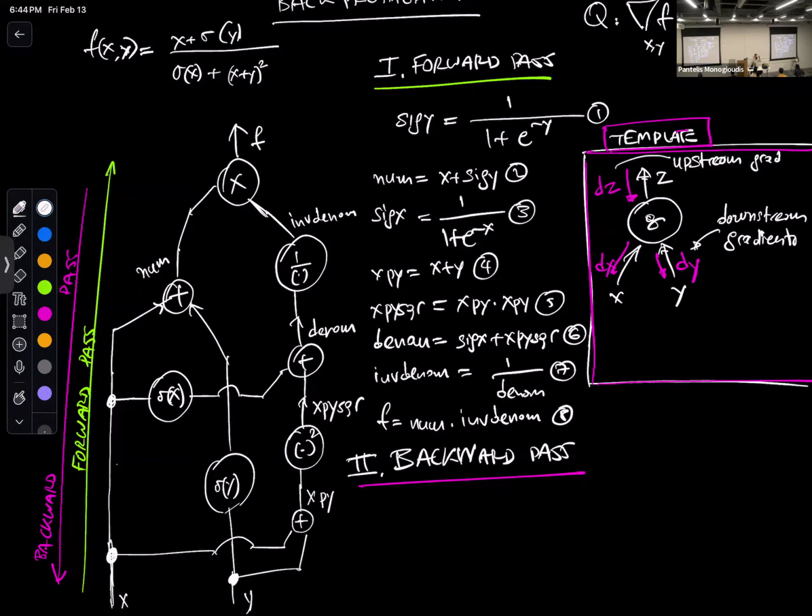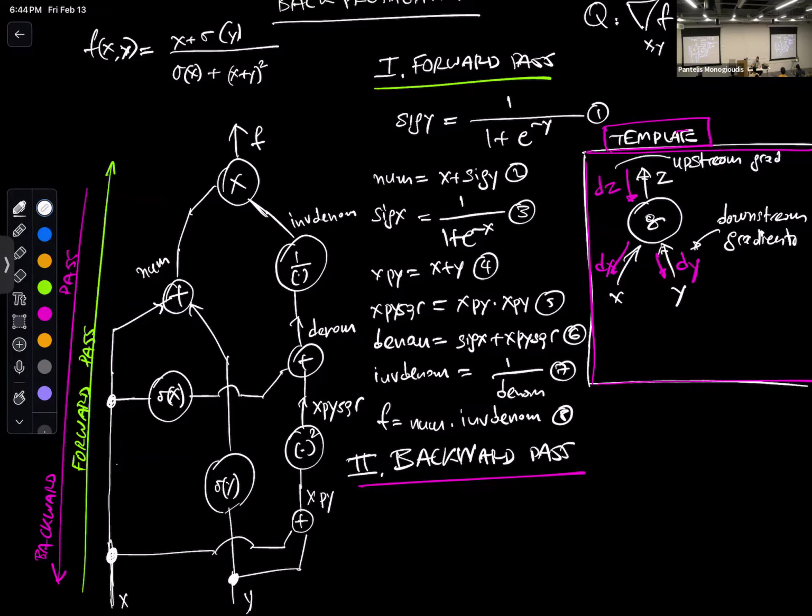In other words, two gradients that are going to flow over the input tensor edges. The downstream gradients will end up being upstream gradients for somebody else later, as you can imagine.